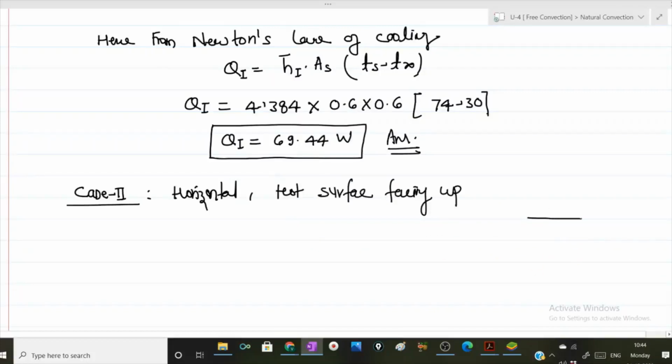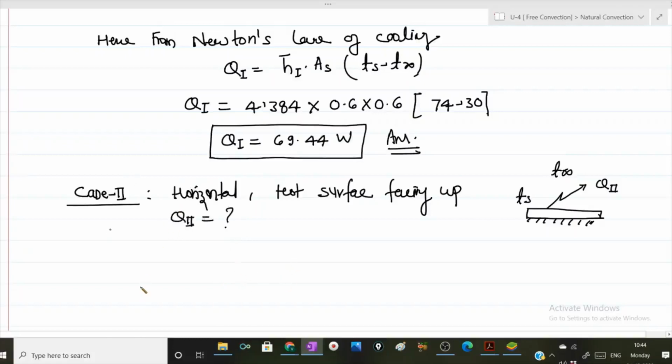That is, if this is the square plate, hot surface is on upside, so it will lose heat at the rate Q2 to the room air. So we are supposed to calculate this Q2.